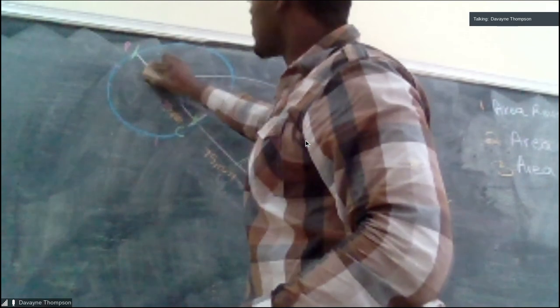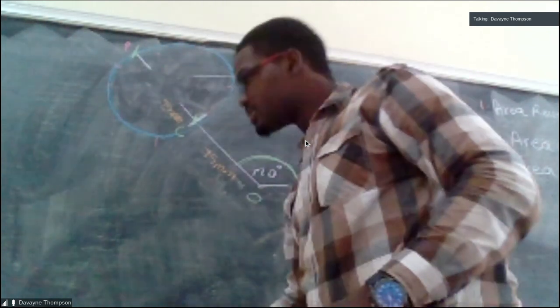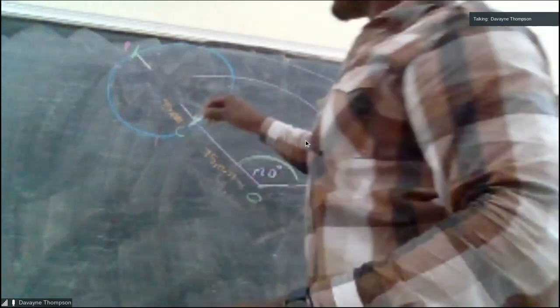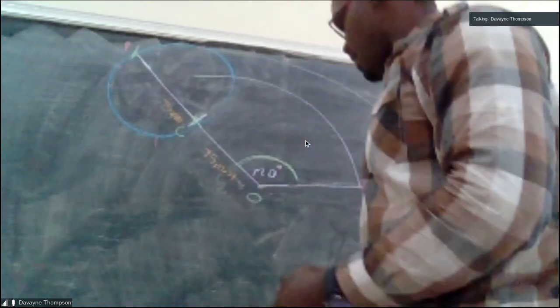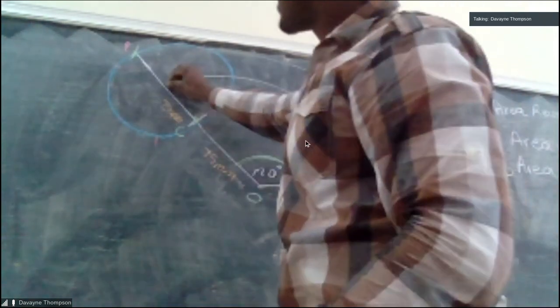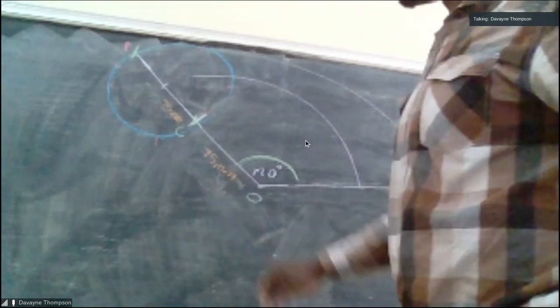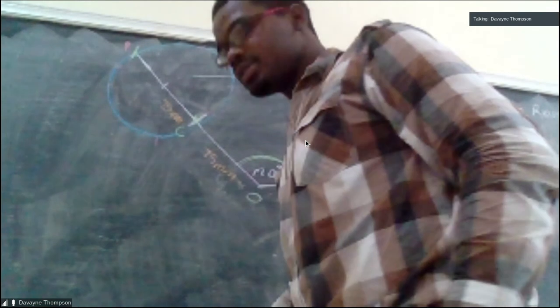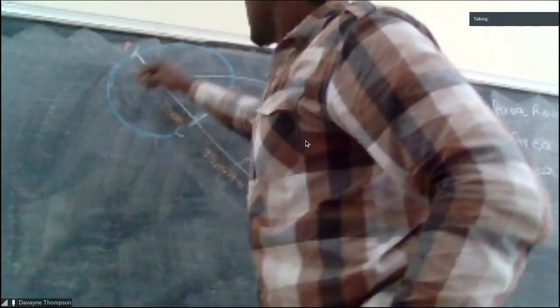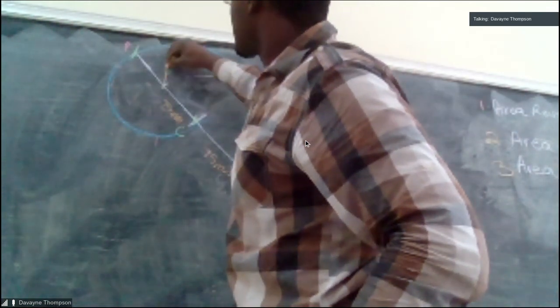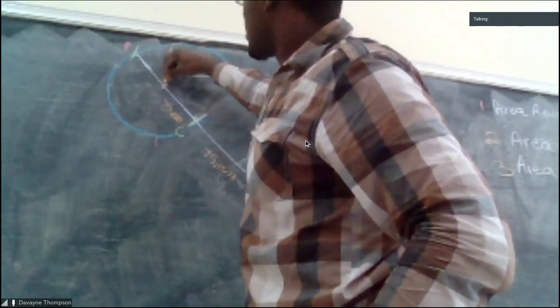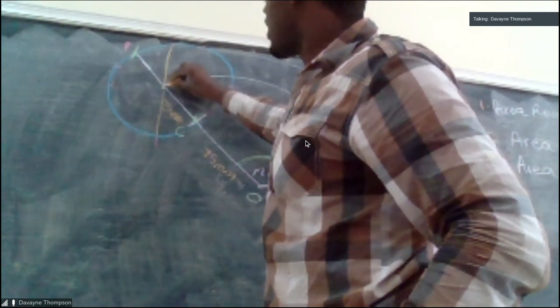The most important thing you must do first is to get your circle in a quadrant, which is 4 sections. To make sure where your center point is, you're going to draw a vertical and a horizontal line. Here's a vertical line going upwards, and your horizontal line going across.